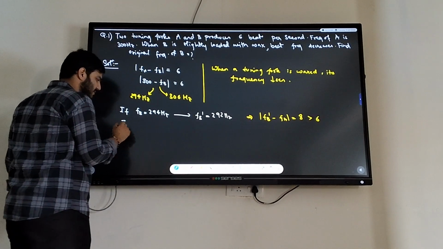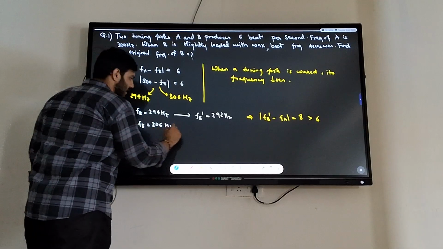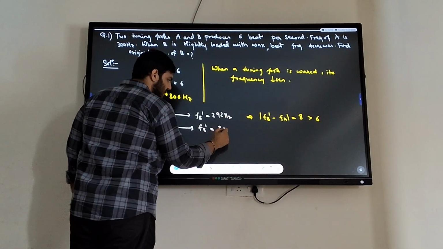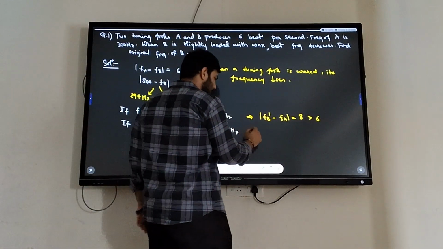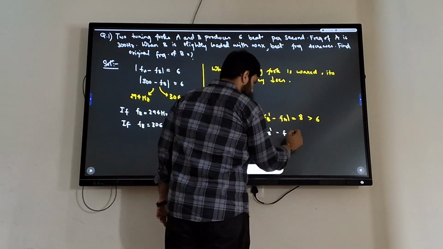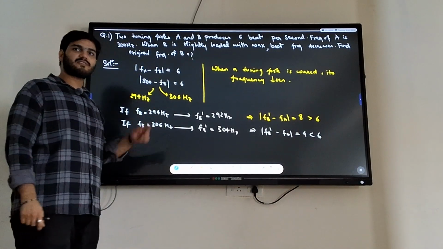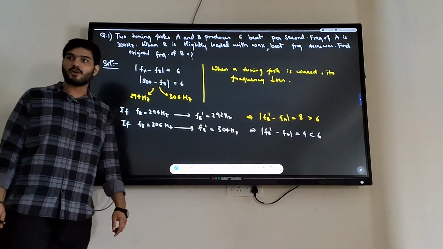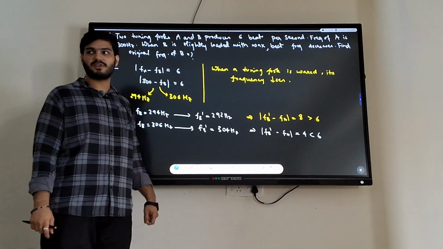Let's take another possibility. If FB is equal to 306 and you decrease it by 2, so now it has 304 Hertz. Then what is the possibility now? That is 4, which is less than 6. So which is the correct frequency then? 306 should be the correct frequency, because when you wax something, its frequency decreases when you wax a tuning fork.